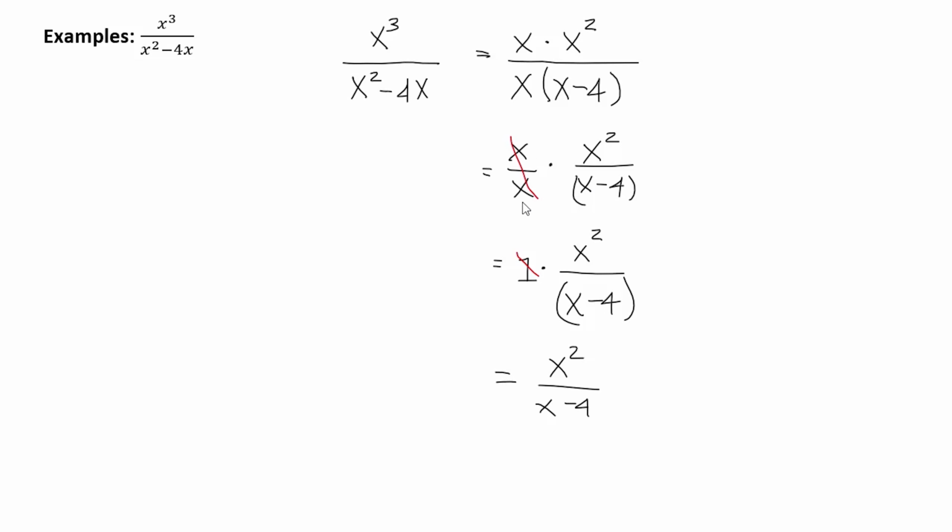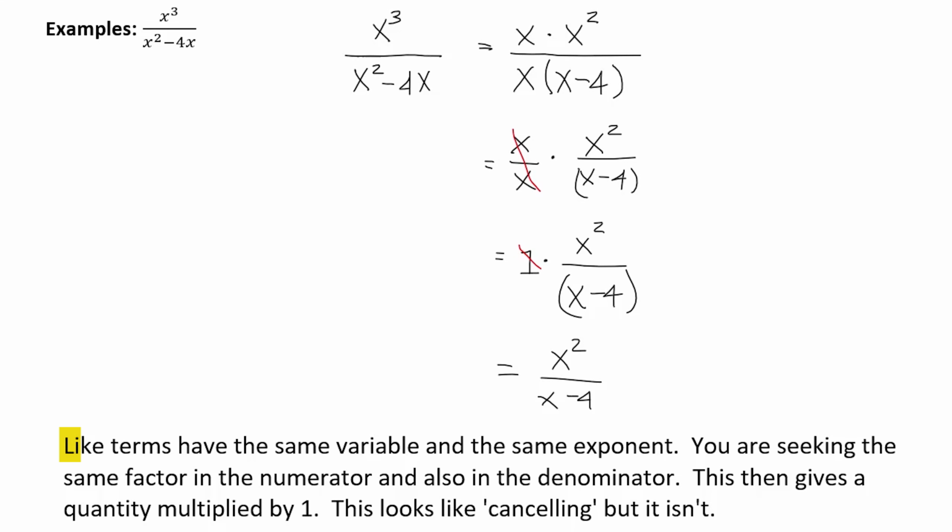I'm looking for a factor of 1, which I did not have before, but I do have now. Like terms have the same variable and the same exponent. So you are seeking the same factor in the numerator and also in the denominator. This then will give you a quantity multiplied by 1. It looks like cancelling, but it isn't, is it?